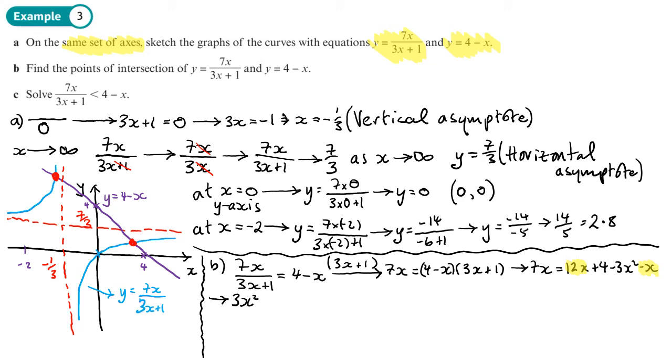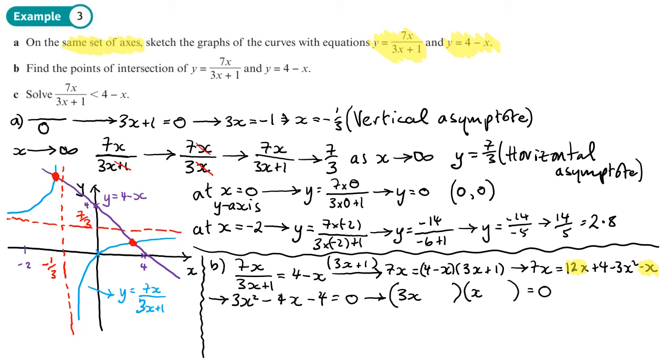I'm bringing it to the other side, so I'm going to have 7x minus 11x, which will give me negative 4x. So minus 4x, and then bring the 4 to the other side as well. So minus 4 equals 0. This can be factorized. So I have 3x in one bracket, x in the other.